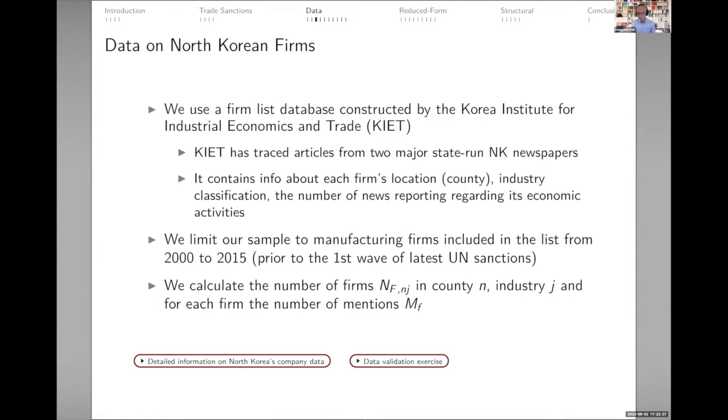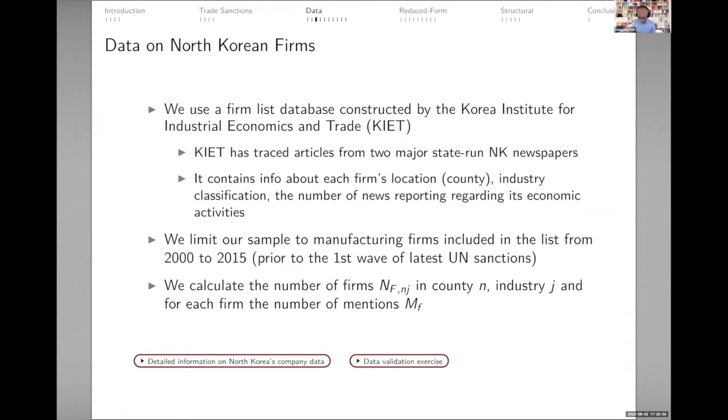It contains information about each firm's location, so we can identify which county the firm is in, and also the industry classification, which we can then map into the ISIC industry level. They also report the number of times a firm has been mentioned in the news reports at the annual level. We aggregate that to the entire period.